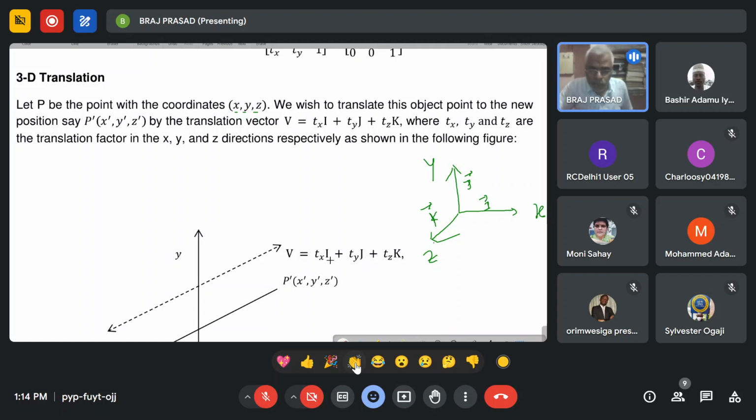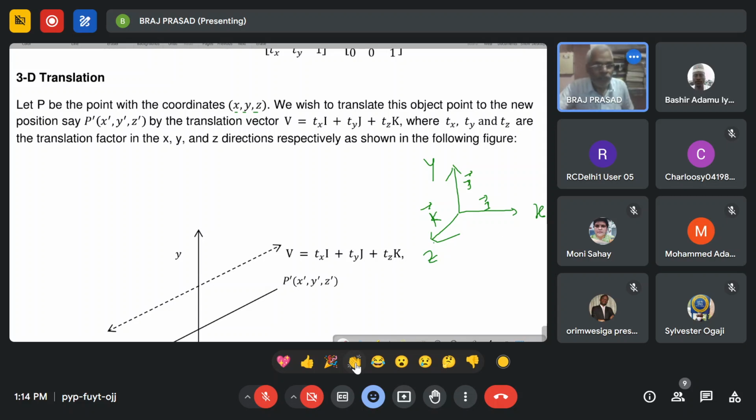You can place an arrow above the i, but to make it simple, I have hidden this arrow. But you know, i, j, k are the directions: i for x direction, j for y direction, and k for z direction.